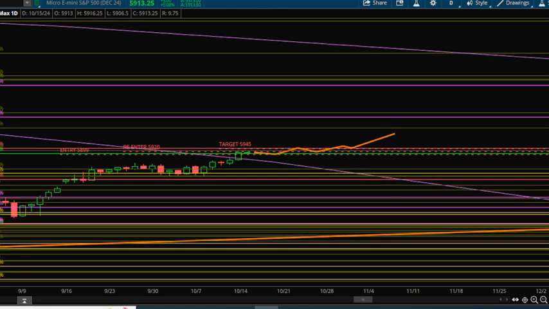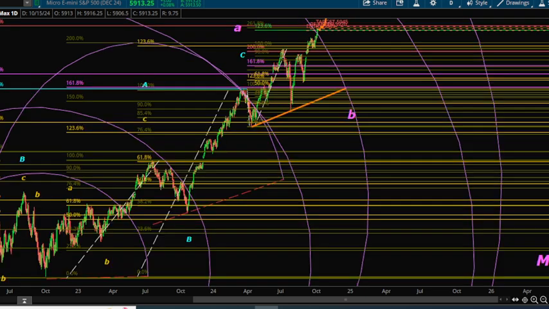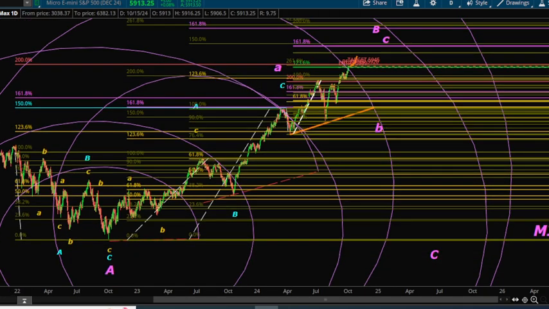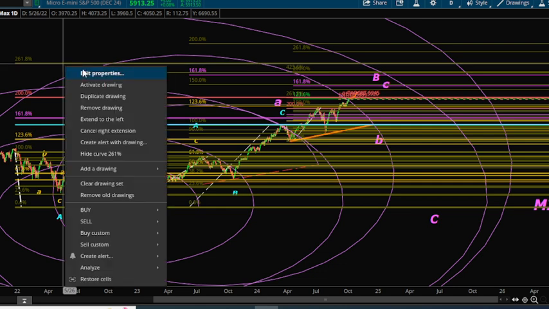Okay. Let me zoom out real quick. Maybe I'll label that 261. It's this far left side. I'll give that a different color so we can see it when we zoom in.